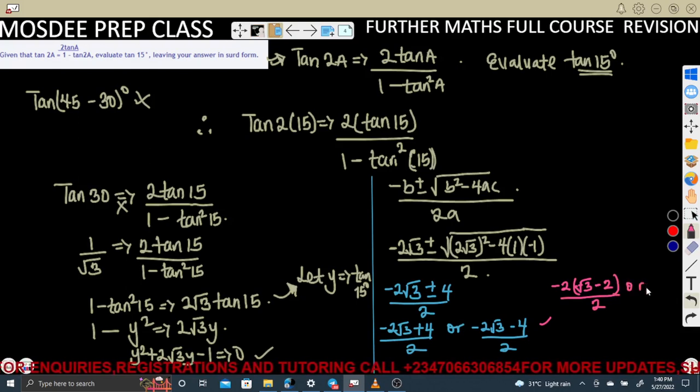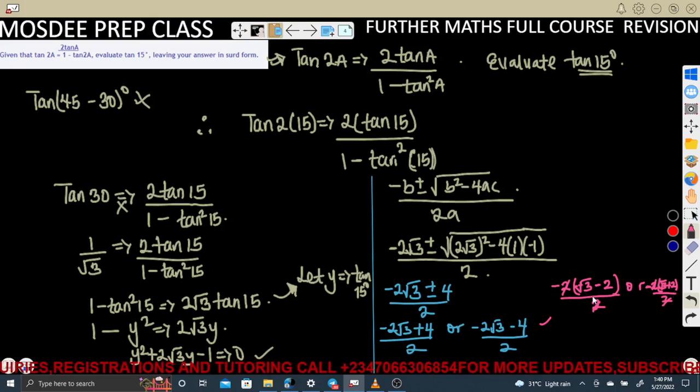The other one is the same thing. If you bring minus 2 outside, this is root 3 plus 2 over 2. So the 2s get cancelled out. This is a negative value, whereby this is a positive value, so you have to be careful.